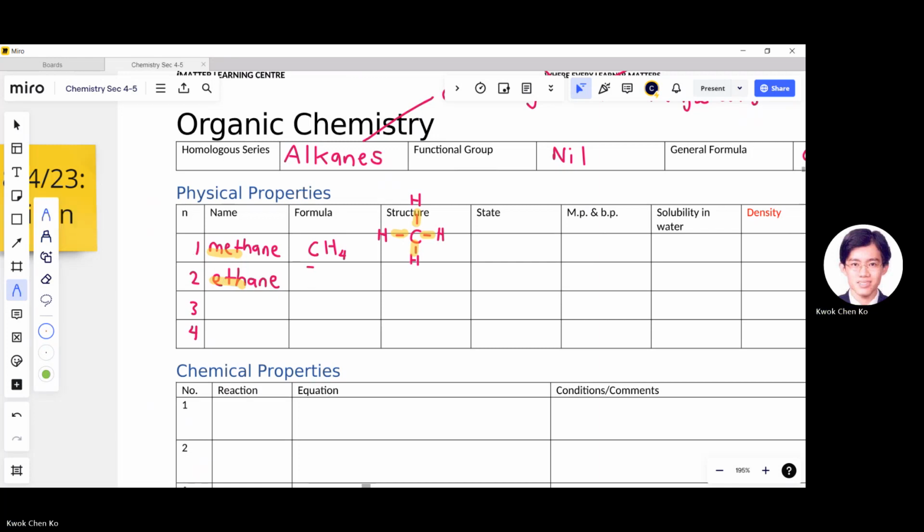Formula? Good, C2H6. Structure, I'll draw it for you for now. You can draw in your notebook. All single bonds.